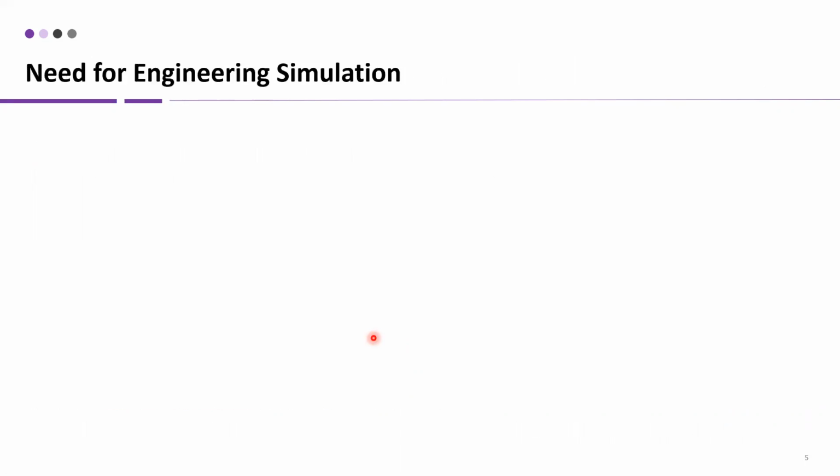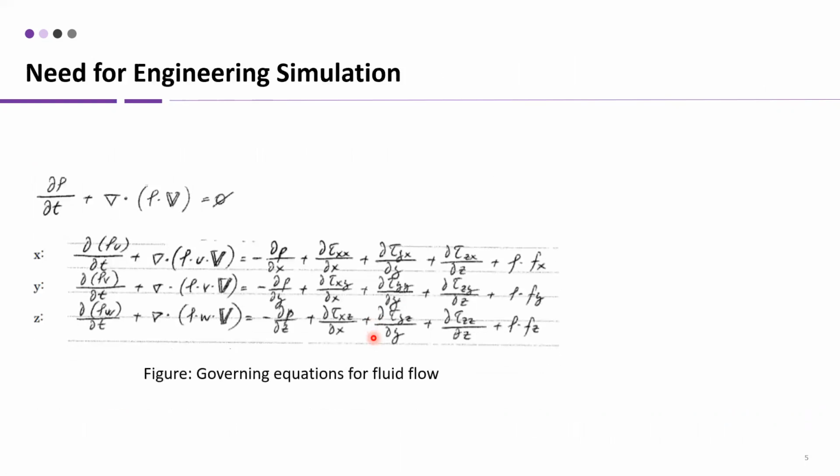Okay, so why do we need engineering simulation? Look at these equations. These are the Navier-Stokes equations, and they govern a general fluid flow. These are very complex equations. The equations that you find in your high school textbooks or junior-level engineering textbooks are the simplified equations where we make some assumptions, and that makes the equation solvable.